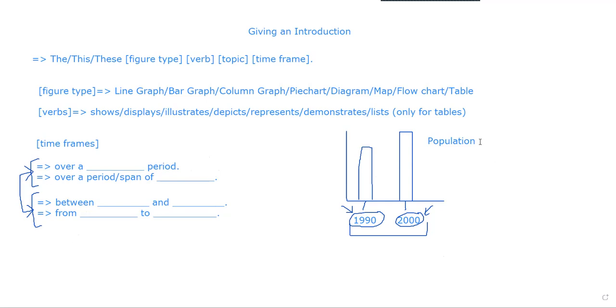Now try and write an introduction for this example graph that we have given here. Allow me a moment to write an introduction for this graph that we have drawn here.